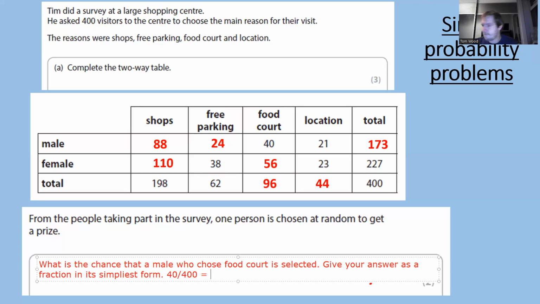So the best way forward, like we were just talking about, if you've got a scientific calculator, then use it. Type that fraction in and press equals, or just type the sum, 40 divided by 400, and then either press the S to D button, or if you've got a slightly newer one that doesn't have that button, you can press shift and equals, and it will do the same thing. When it simplifies fully, you should end up with 1/10.